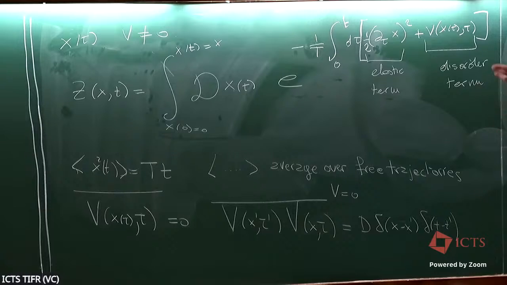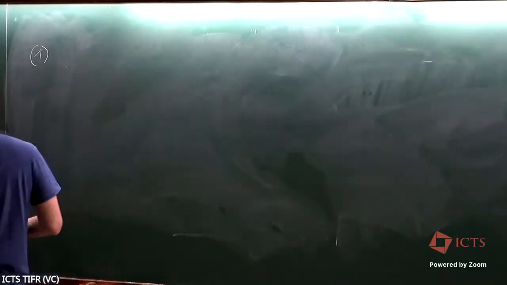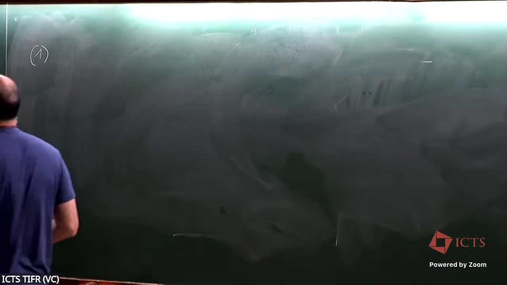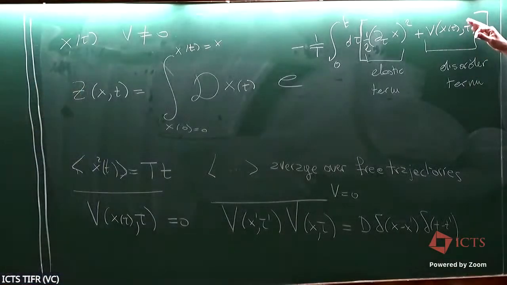So in quantum mechanics, z is the propagator, okay? But no matter. What we want, essentially, is to work with the average over the free path. So we don't want to work with an action, the exponential that is an action in quantum mechanics.